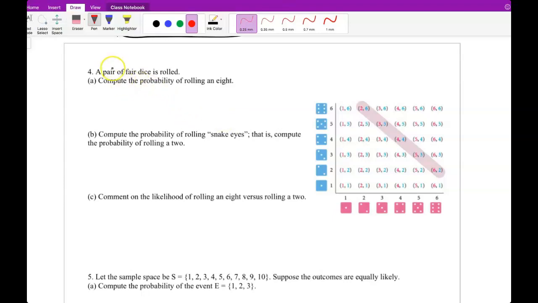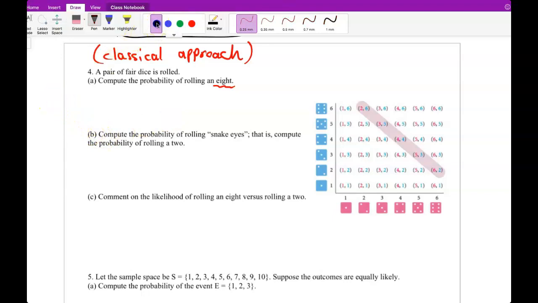This is an example of classical probability, and here we have 8.